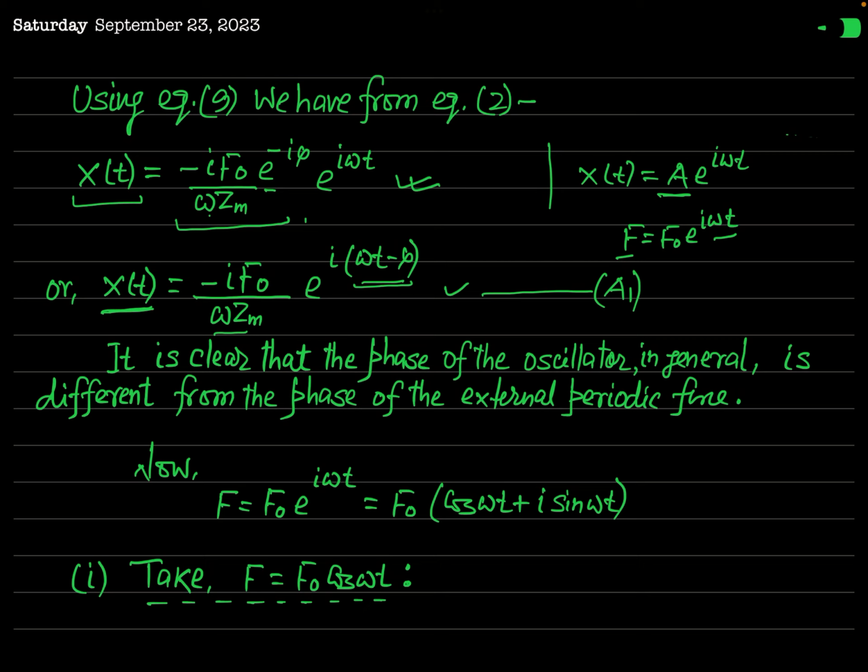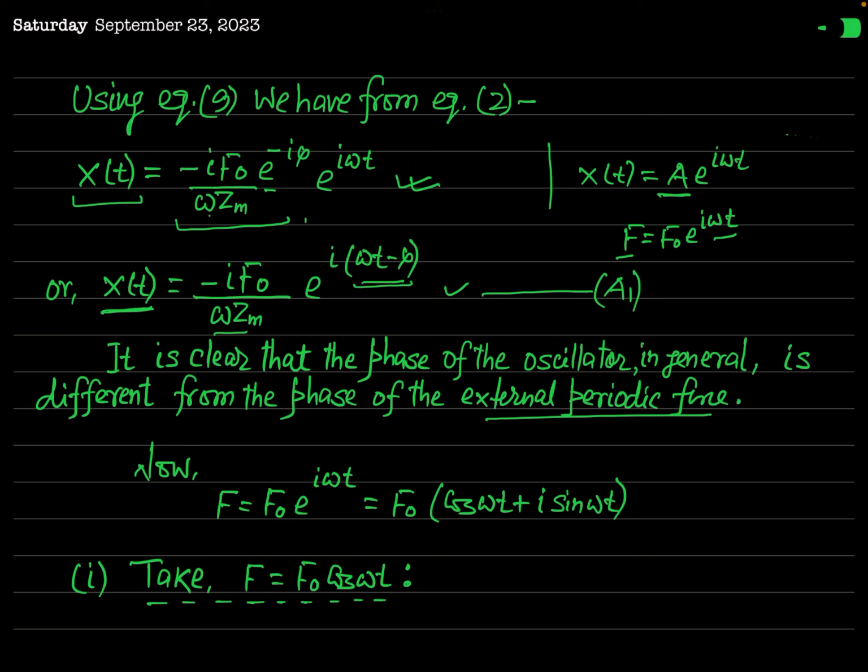It means the oscillator will oscillate with the frequency of the applied force, but the phase of the oscillator and the phase of the applied driving force, which actually causes this motion, are not the same, but differ. So it is clear that the phase of the oscillator in general is different from the phase of the external periodic force.